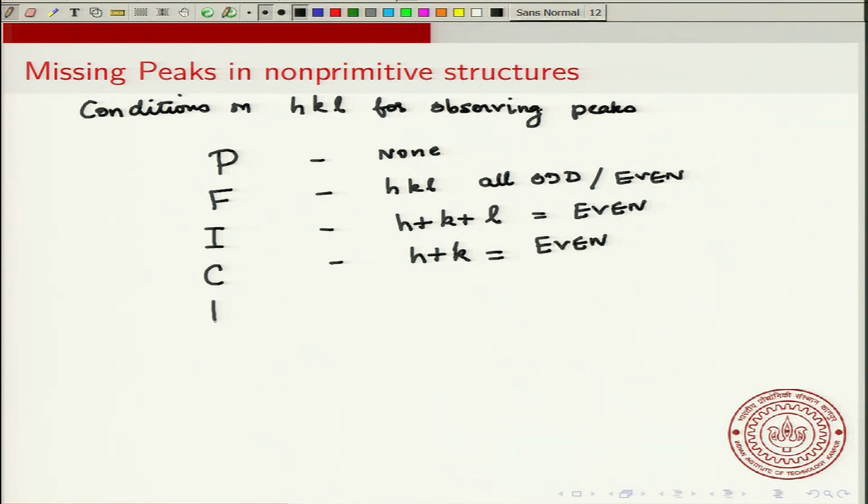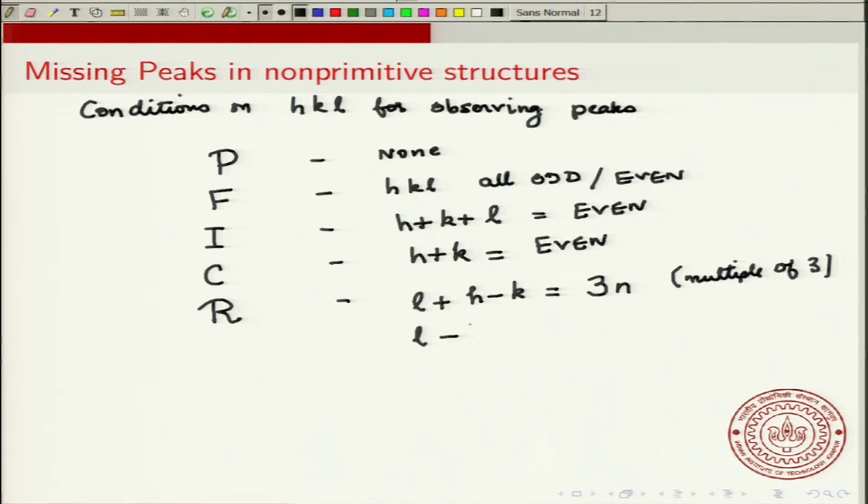And for an R centered, that is in the rhombohedral structures, you have l plus h minus k equal to 3n, that is a multiple of 3, or l minus h plus k equal to 3n.